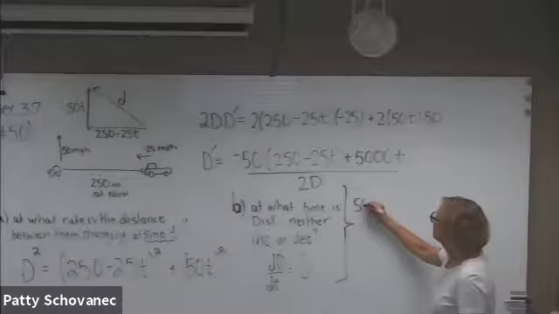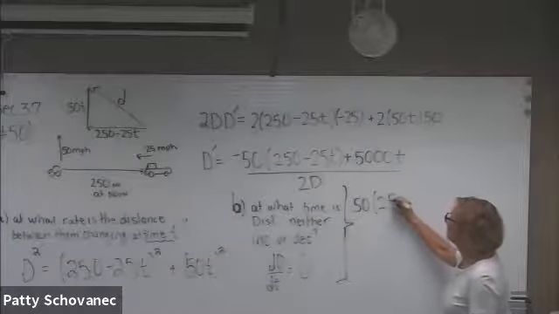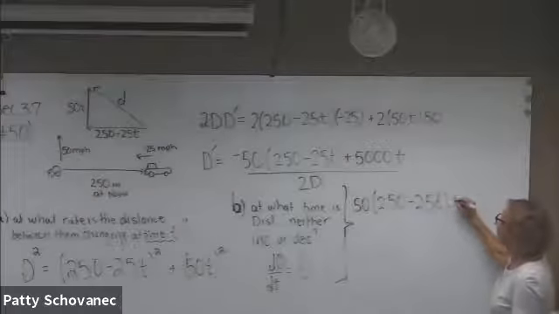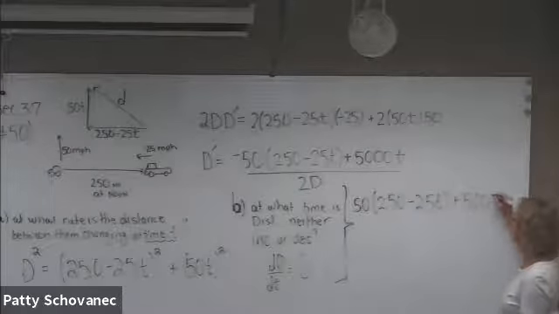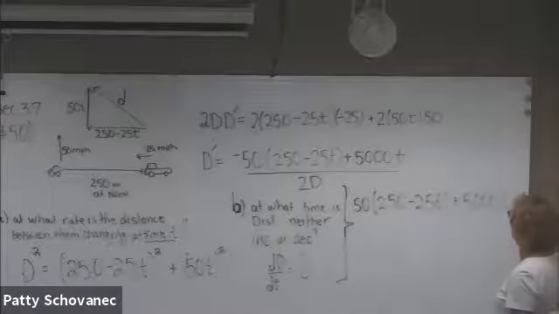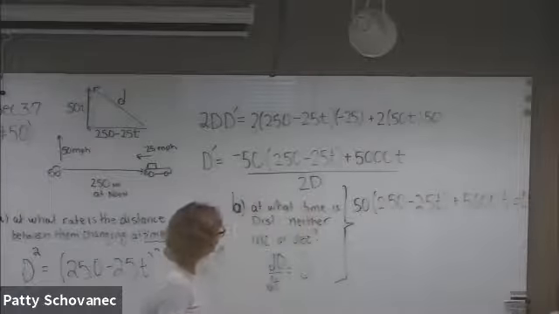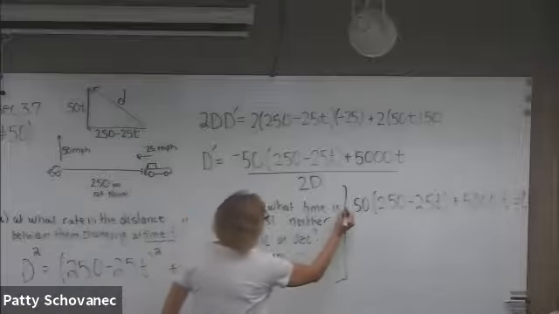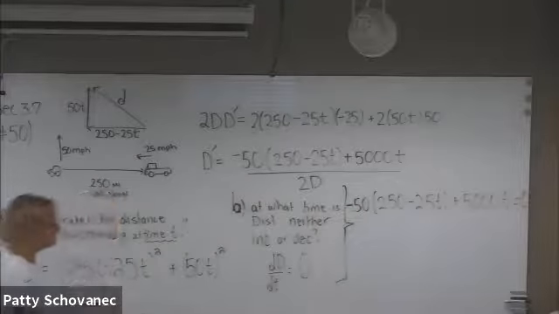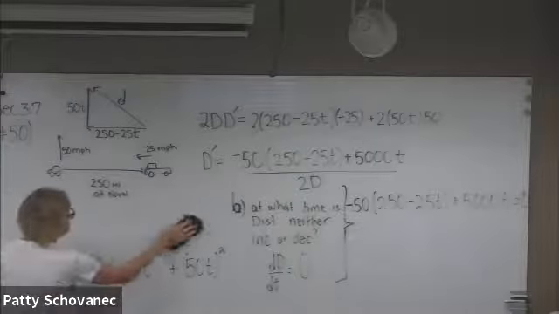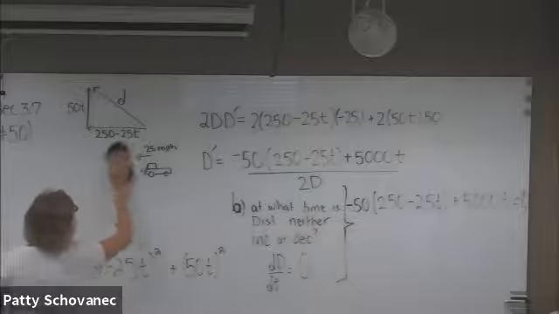That's a negative 50. All right, so we're going to solve that for t.